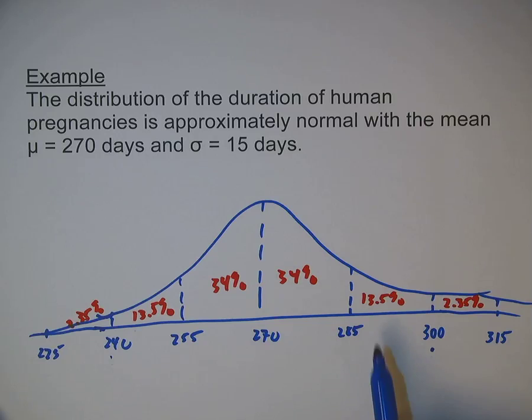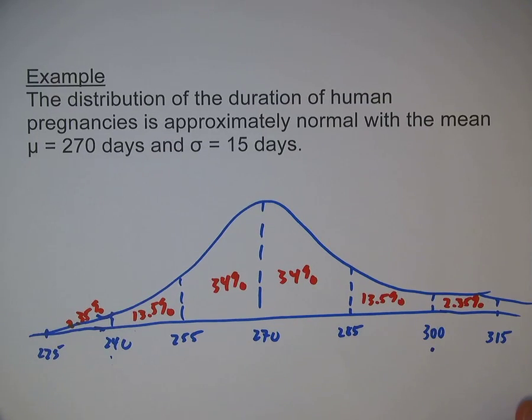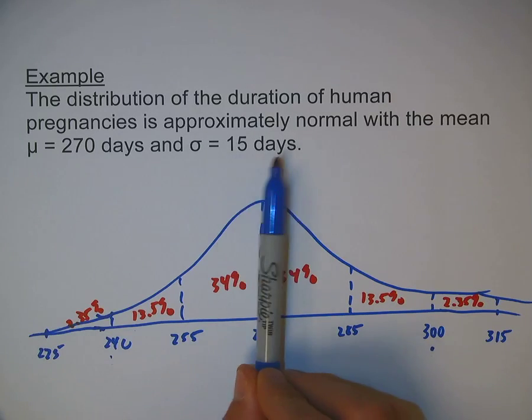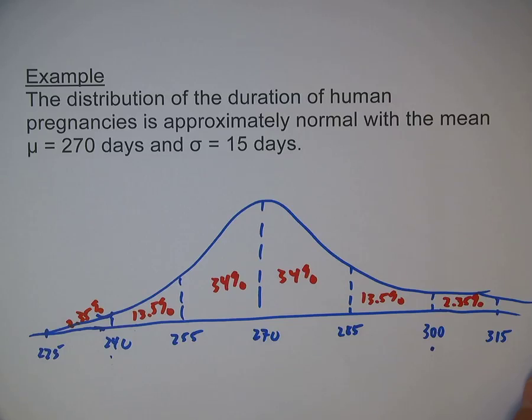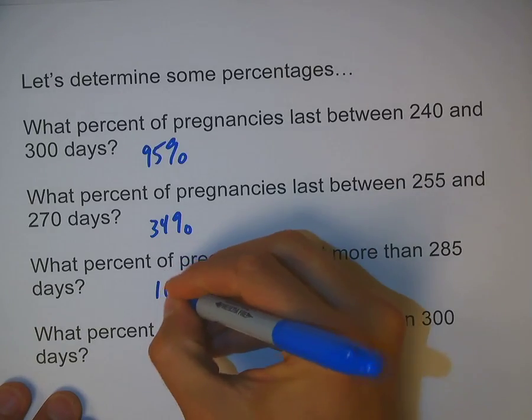So one way to do it is I could add that number, and then whatever's above. Or I know that below 270 is 50, so above 270 is also 50. But I don't want this whole 50%. I want to not include the 34%. So if I take the 50% above the mean minus 34%, that's going to leave me simply with 16%.